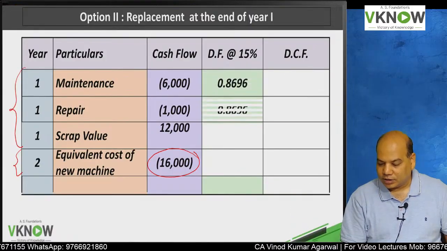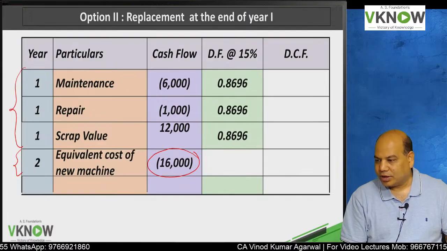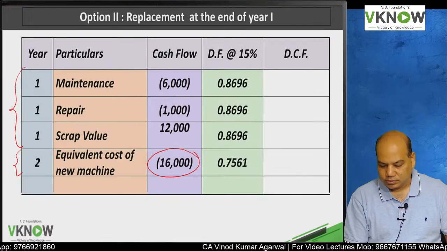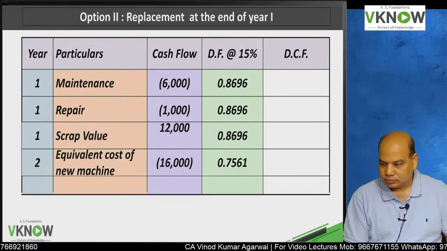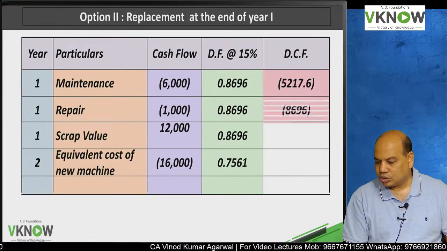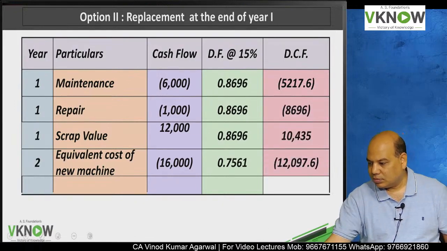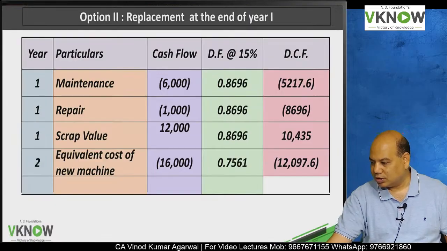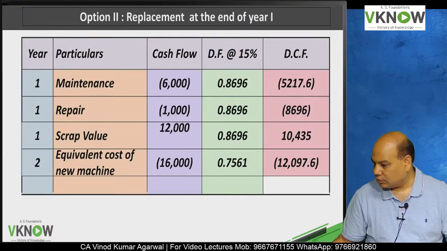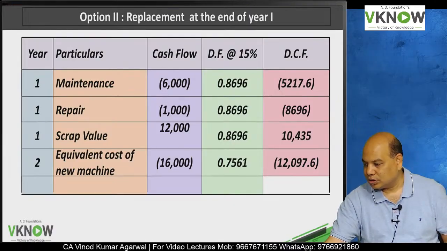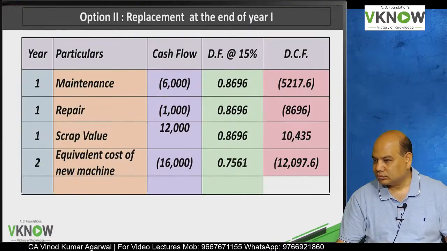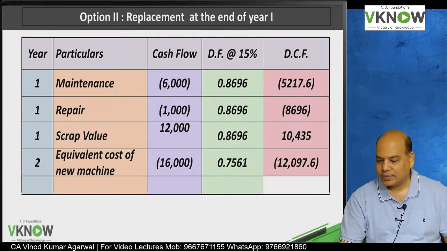Now please write the factors. 0.8696, 0.7561, multiply, and tell me the total. I want it from you, so that I will understand that you are writing and not just copying.